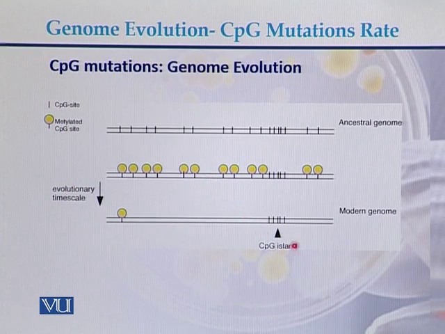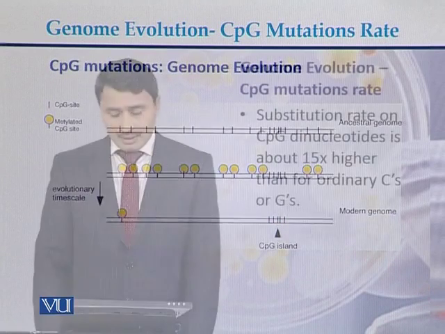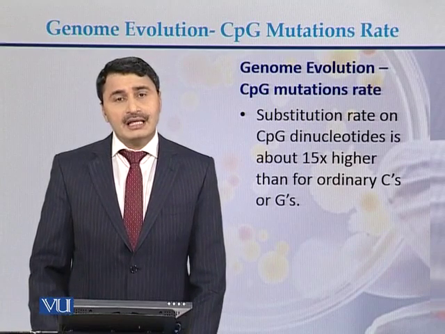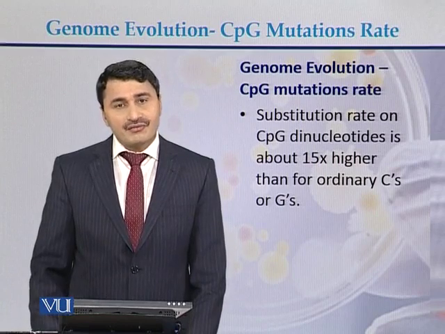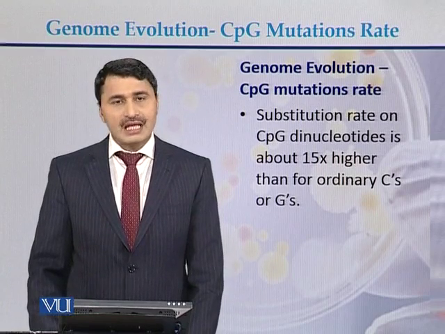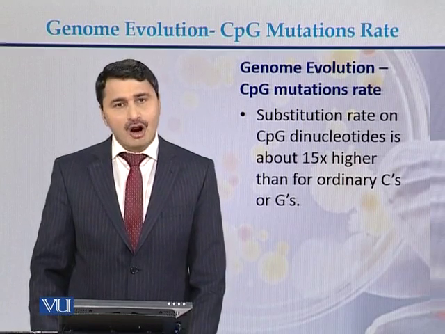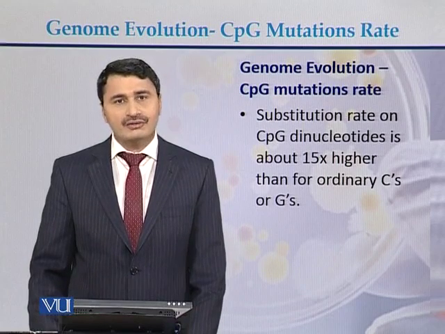Still, CpG islands exist in the modern genome, particularly in the genome of mammals, and they are usually present in the vicinity of the promoter sequences. The substitution rate in CpG islands is approximately 15 times higher than the substitution in the ordinary Cs or Gs of the genomes.